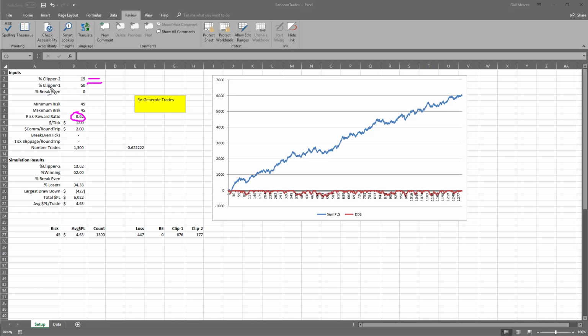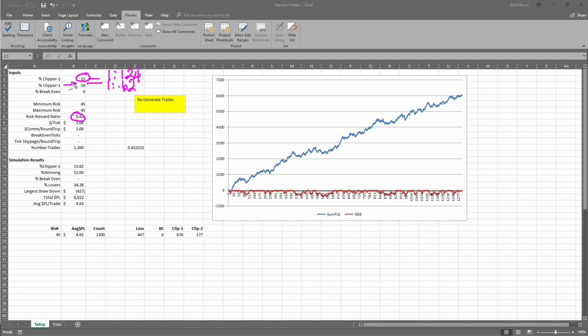That means on Clipper 1, for every dollar of risk, you make 62 cents. Now Clipper 2 means for every dollar of risk, you're making $1.24. So this is basically allowing 15% of your trades to expire.